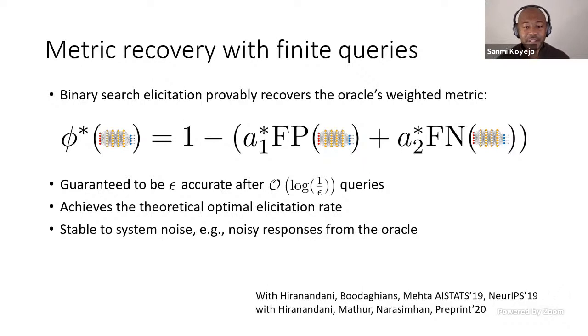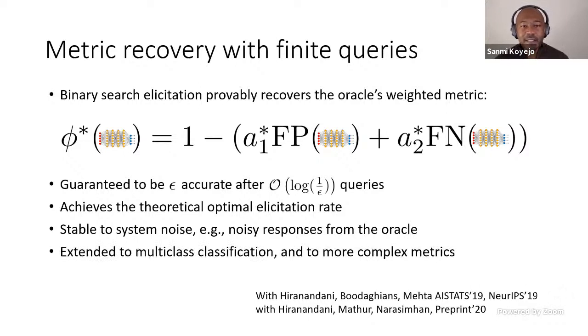So we deal with noisy responses from the oracle in the process of developing the algorithm. We've also extended this to additional cases. I'll speak about the fairness instantiation of this, but there's also work on multi-class classification broadly and other kinds of more complex metric settings.